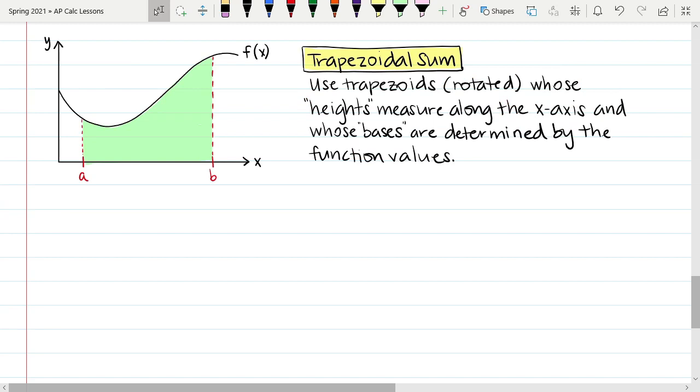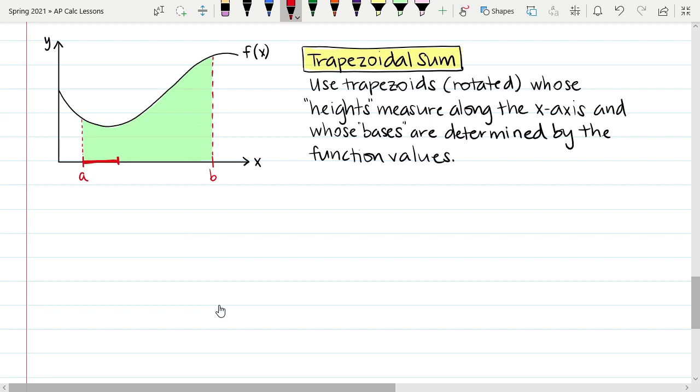So here's the idea for a trapezoidal sum. We're going to use trapezoids that are rotated, whose heights measure along the x-axis, and whose bases are determined by the function value. So it's exactly like what I was showing you. So for this first trapezoid, again, we're going to start at A, and let's say right about here. So this distance in the x-axis right there is actually going to be the height of the first trapezoid.